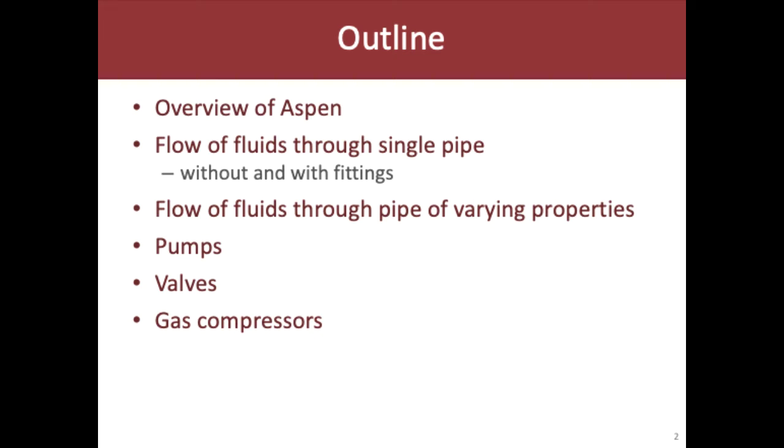Well, I guess pressure drop, but high pressure at the bottom of a column of fluid. So if you're pumping something uphill to a higher elevation, you have a decrease in pressure associated with that as it moves up. Talk about flow of fluids through pipes of varying properties.